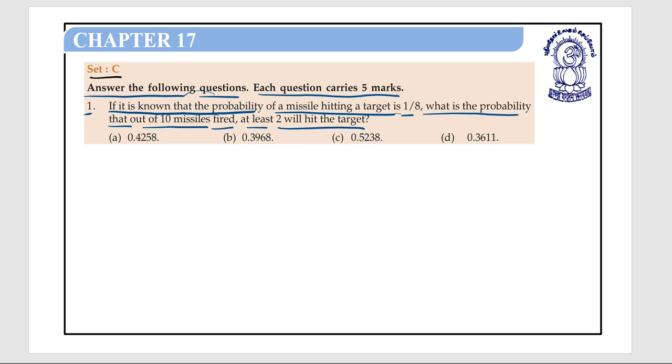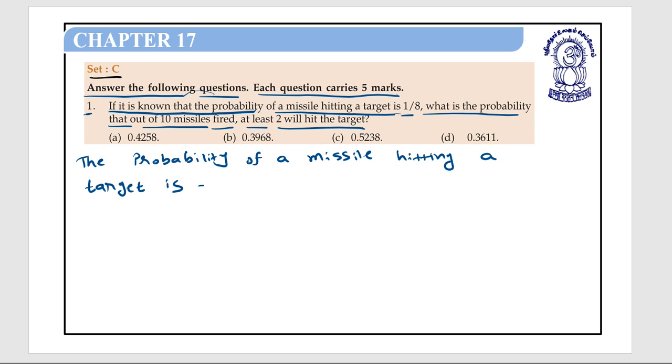First write the probability of a missile hitting a target is denoted by P is equal to 1 by 8.